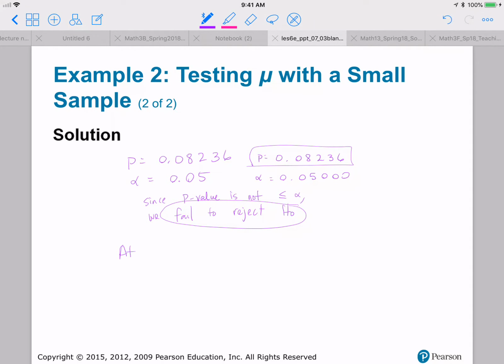So at the 5% level, there is not enough evidence to reject the claim.